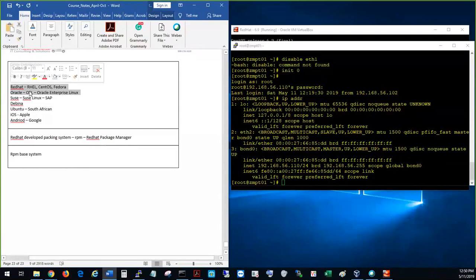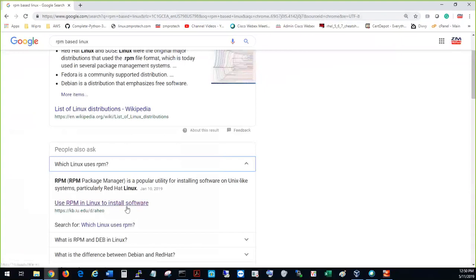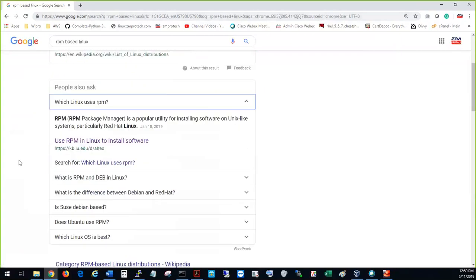I don't know about the other ones, but these are RPM based systems. Let me Google it here. RPM based.